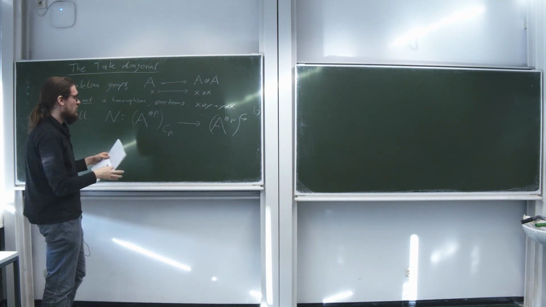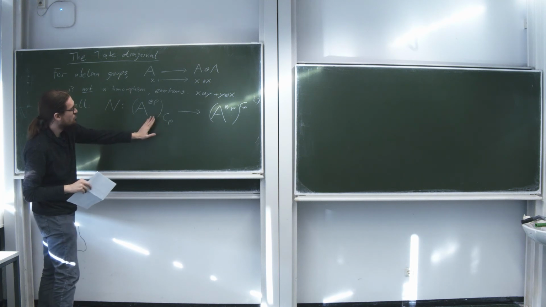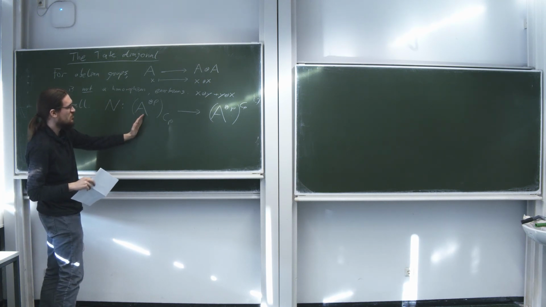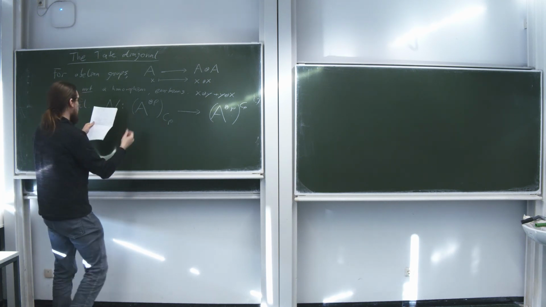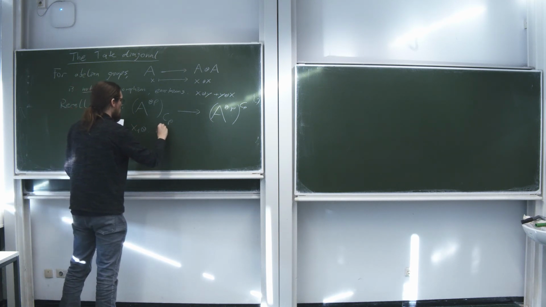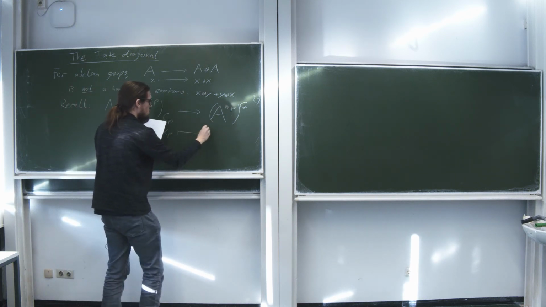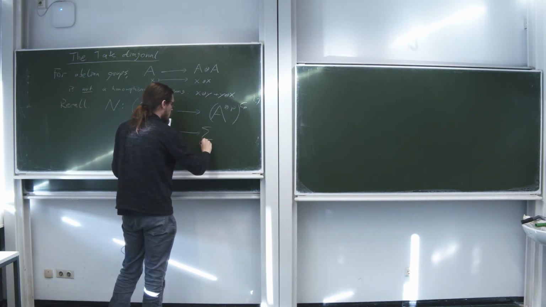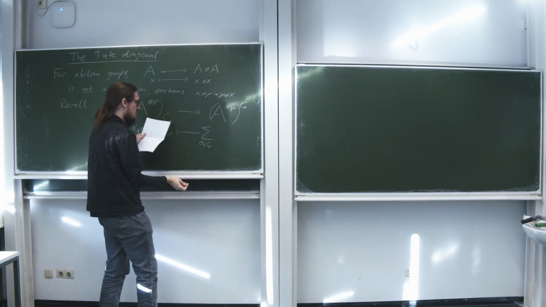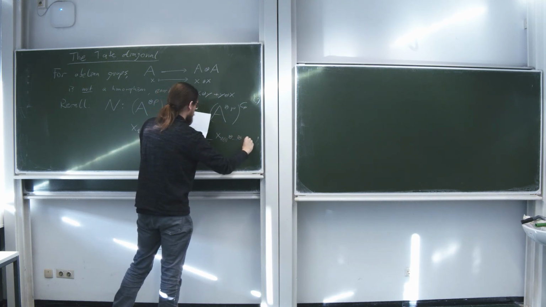And so what did this map do? Well, elements in here are of course represented by just elements of this p-fold tensor power. And so you can ask, where does x1 tensor ... tensor xp go to? Well, this goes to the sum over all group elements of the corresponding cyclic permutation of my elementary tensor.